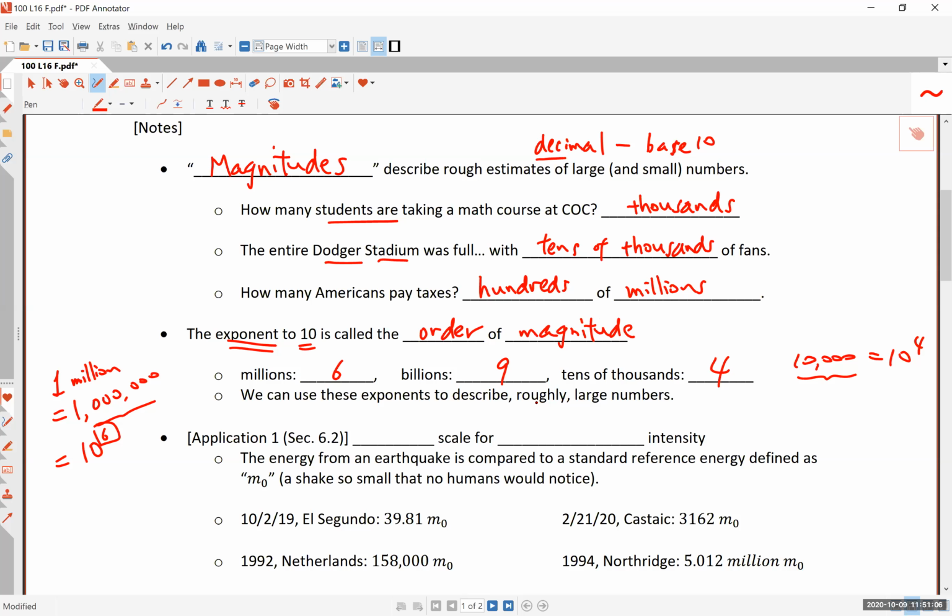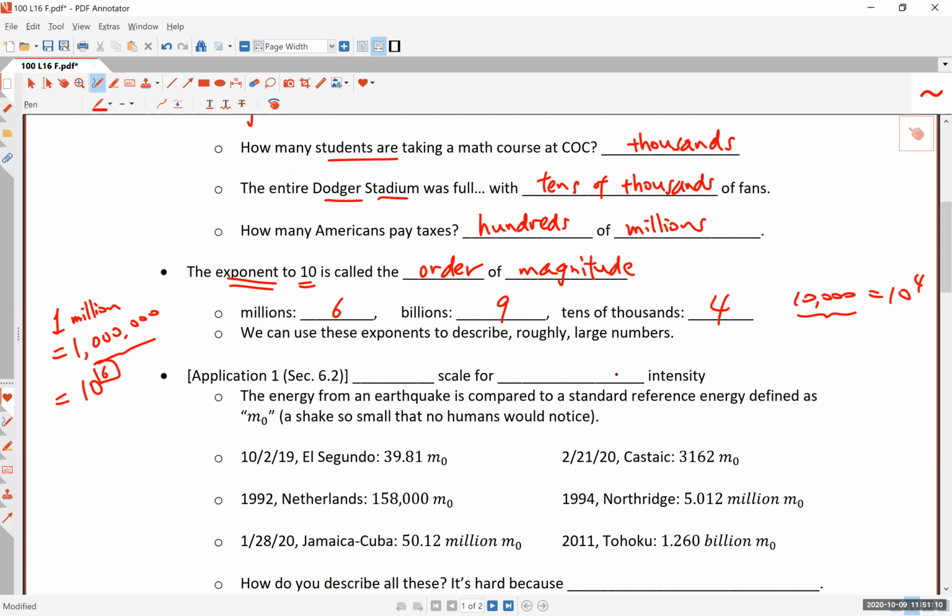And we can use these exponents. People have looked at these exponents and said, hey, that's actually useful, right? Because if you say the order of magnitude is 9, we know we're talking about billions. So why don't we use these exponents to describe how big things are when we have to deal with huge numbers or a huge range of numbers?